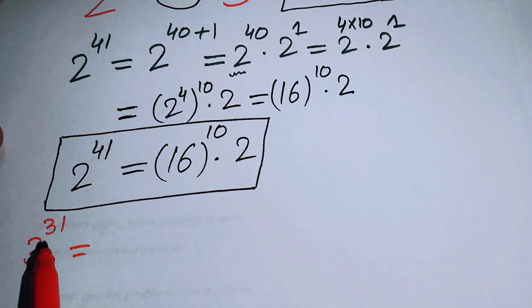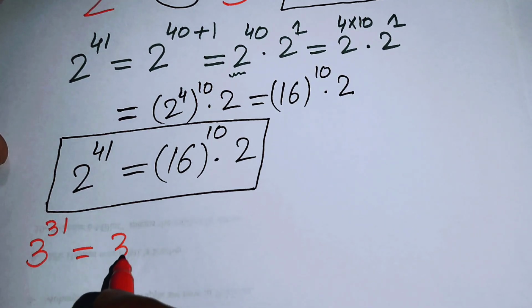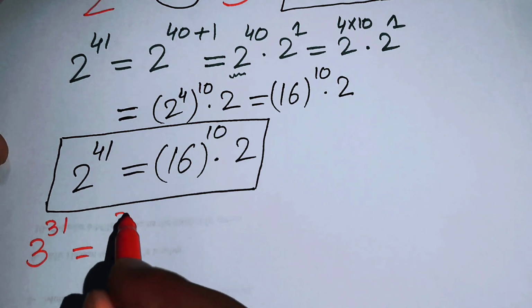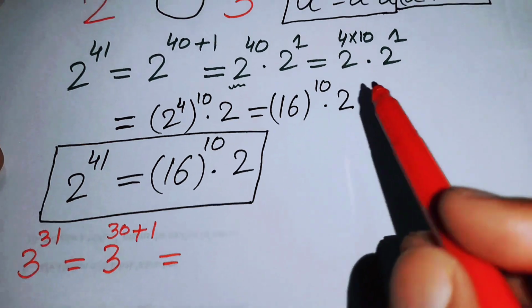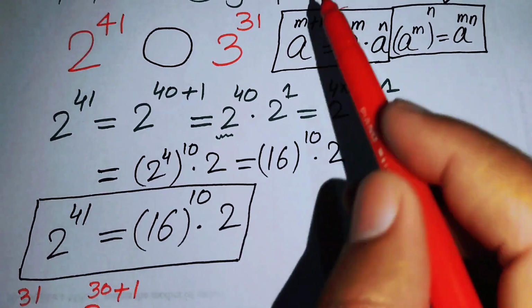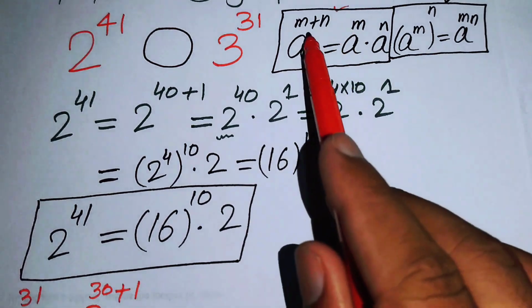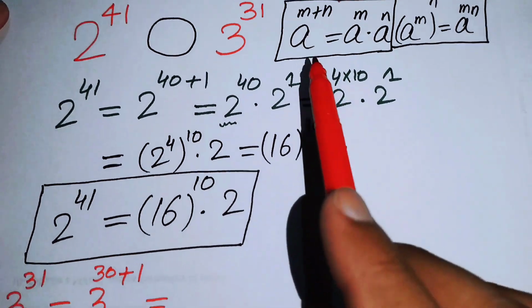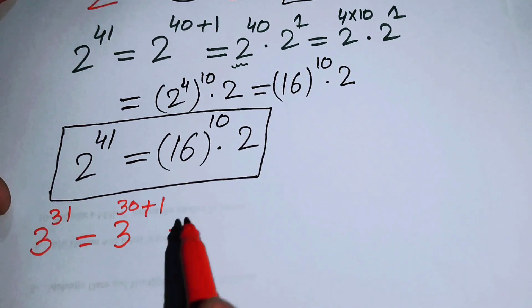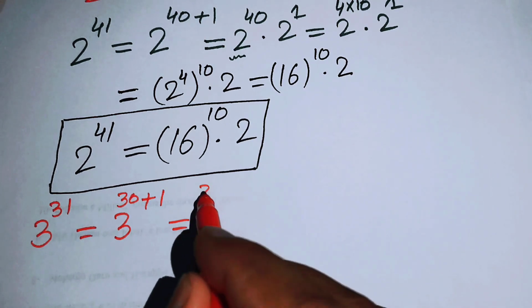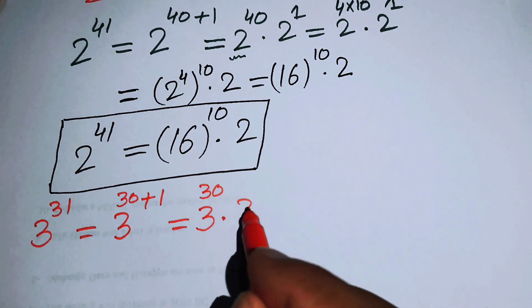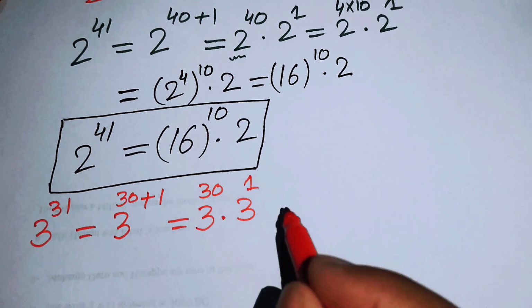First I can write 3 to the power of 31 as 3 to the power of 30 plus 1, and after that we can apply this nice exponential law. According to this law you can break the exponent if it is written in the form of a sum, so we can separate these two exponents and write 3 to the power of 30 times 3 to the power of 1.